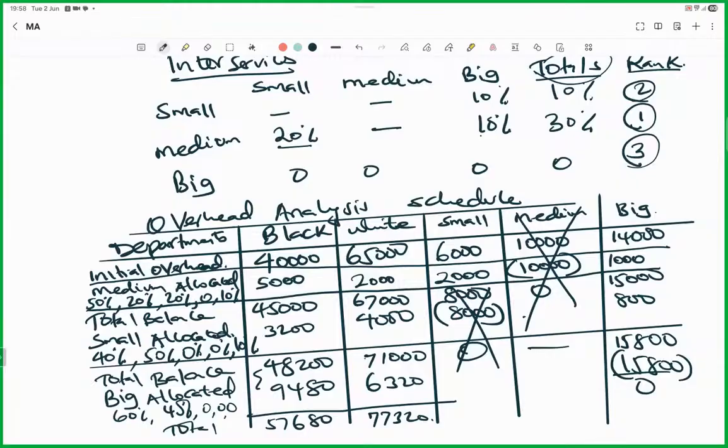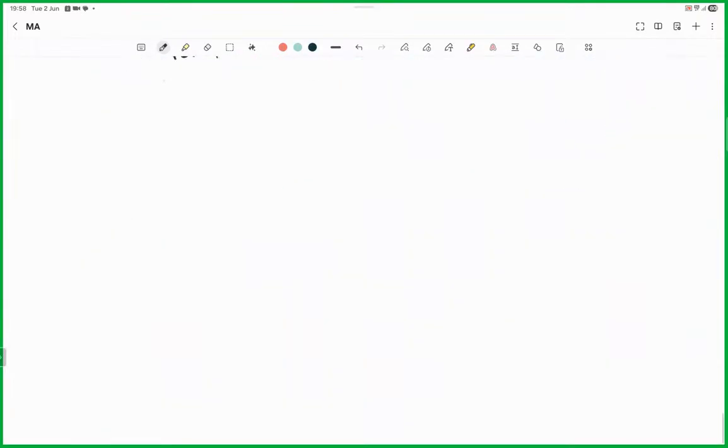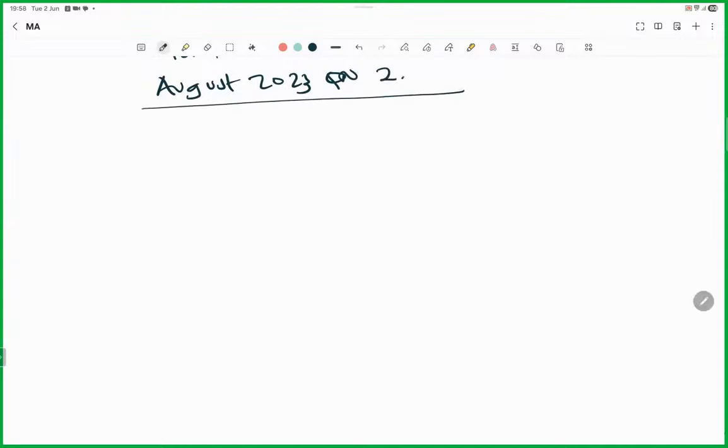We look at August 2023, question number 2. The whole of question number 2, including theories. So it's quite longer than what we have here, but I expect you to try your very best to do this homework.